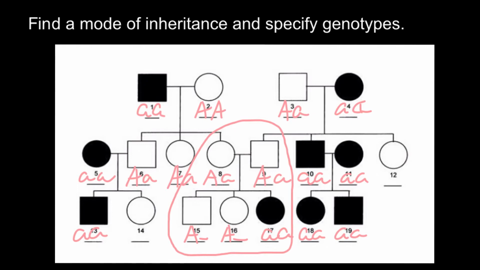As for this female here, we know for sure that her genotype is heterozygous and her phenotype is normal, so that means she has to get the normal dominant allele from her father's side, and from her mother's side she can only get a recessive allele. Now we have only one individual left here.